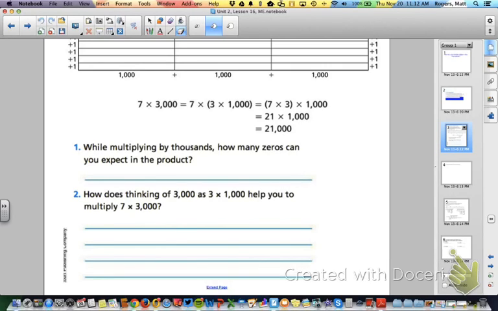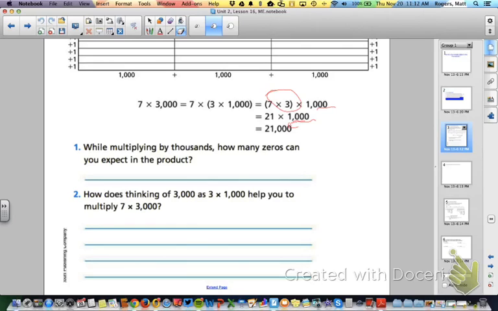In this case, it would be the 7 times 3, as shown right here, and then you add these 3 zeros to the end product. So when I have 21 and 1,000, I take these 3 zeros and add them to the end, which makes it 21,000.